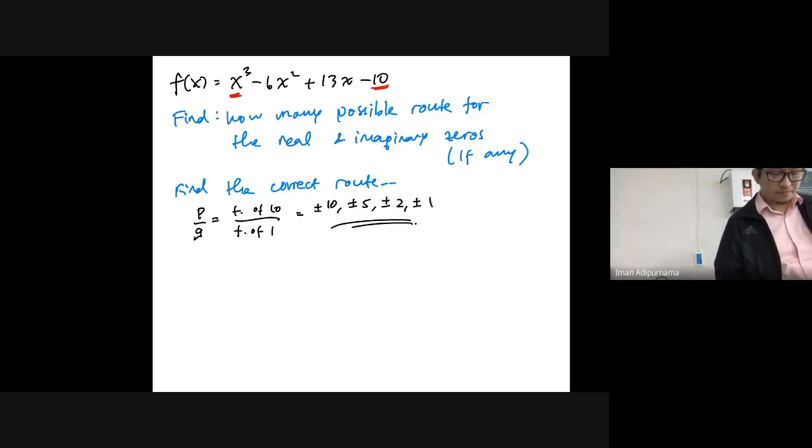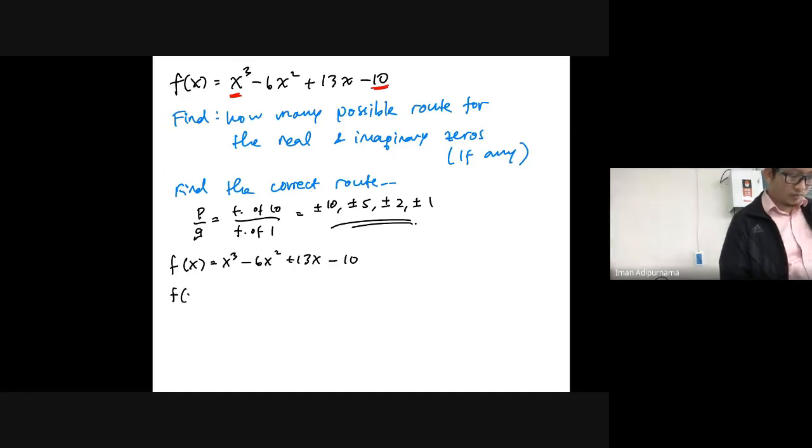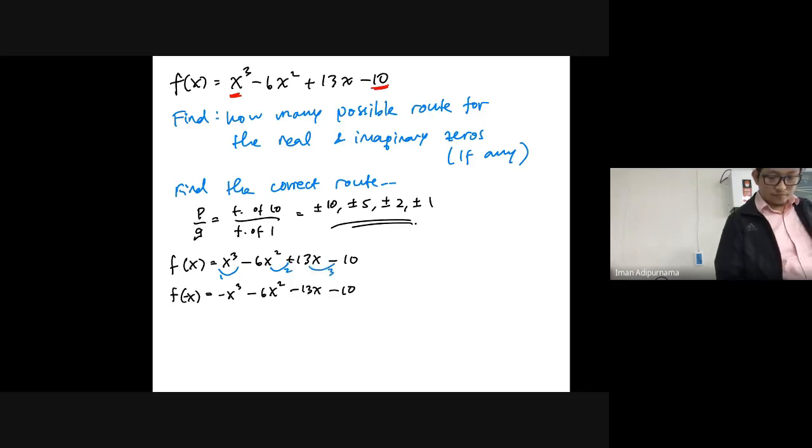Okay, and then we can check the positive zeros and negative zeros. For positive, we have sign changes 1, 2, and 3.